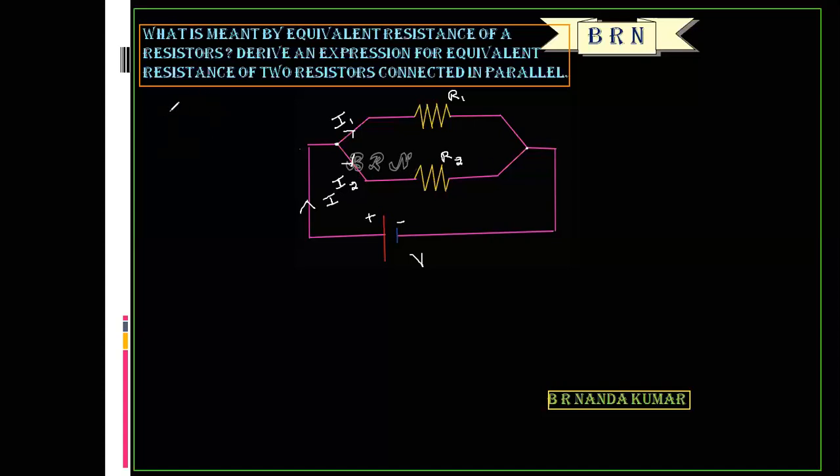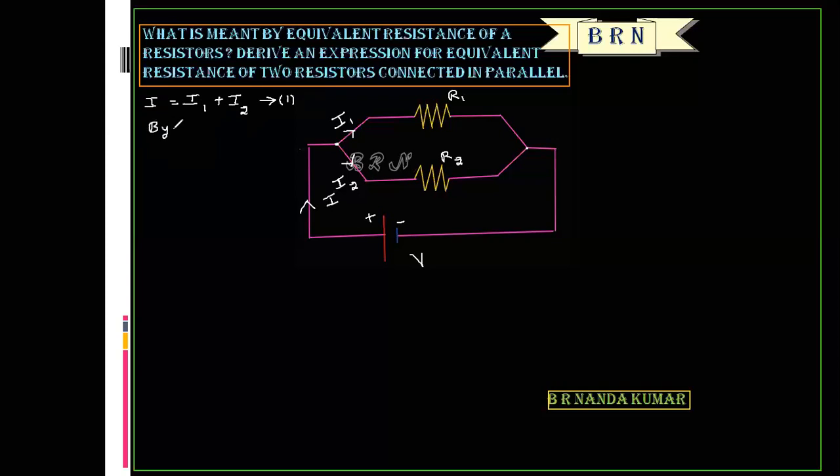And the main current is equal to the sum of currents flowing through the individual resistors. I is equal to I1 plus I2. Okay.